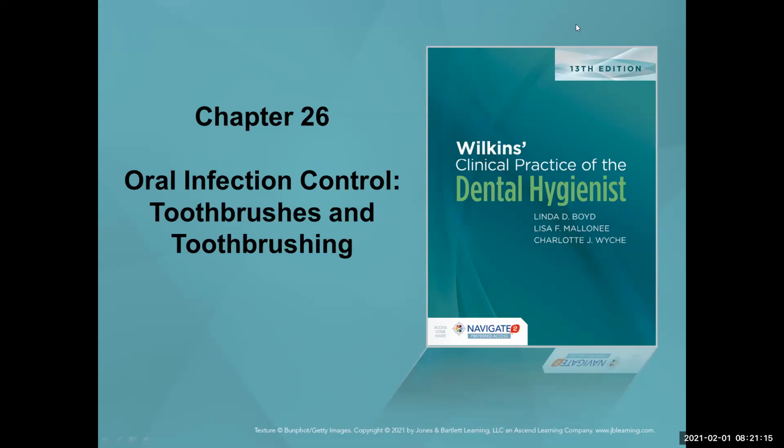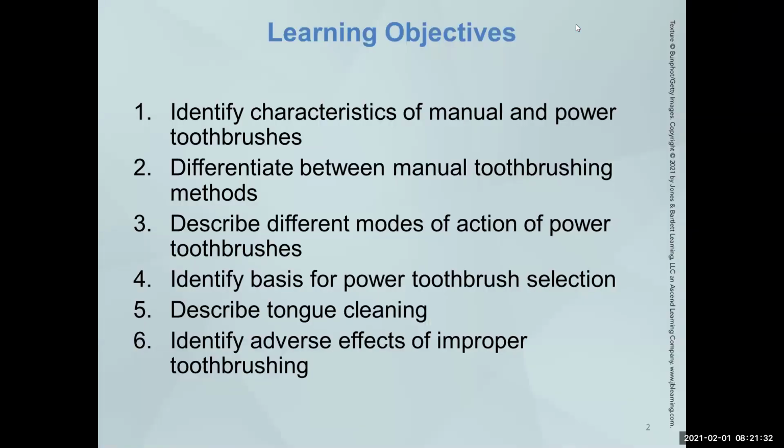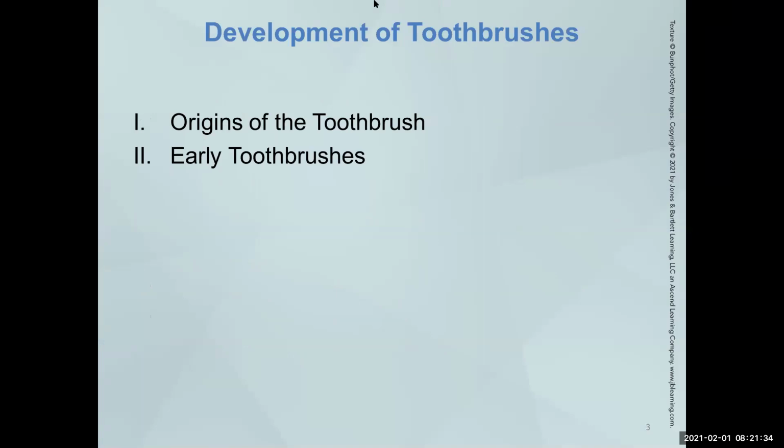So one of the things that we do for oral infection control is to use a toothbrush or some sort of tooth cleaning thing. And it doesn't always have to be a toothbrush, because it always hasn't been a toothbrush. And in some countries, it's still not a toothbrush as far as what is the most popular.